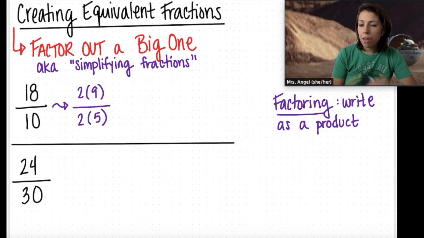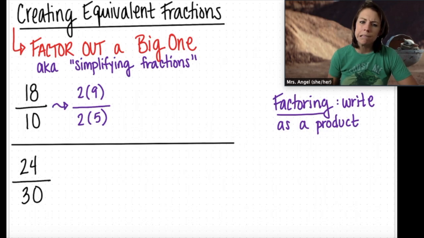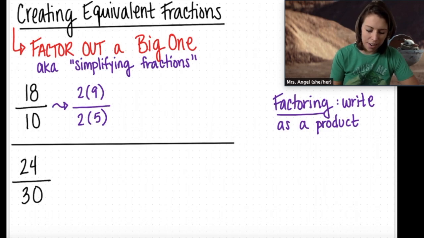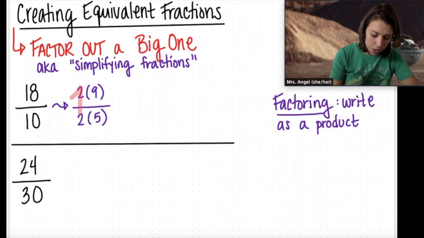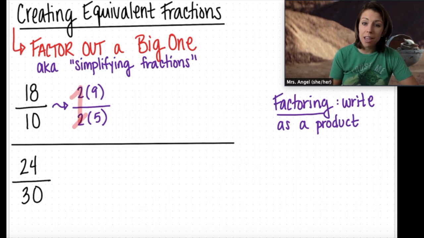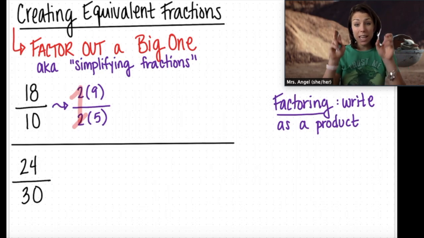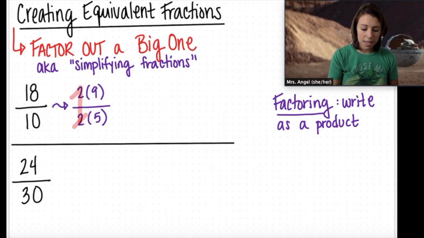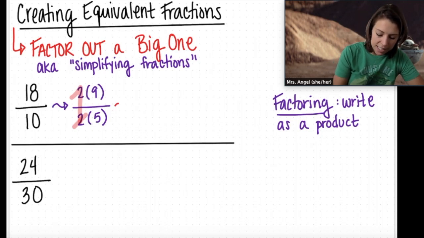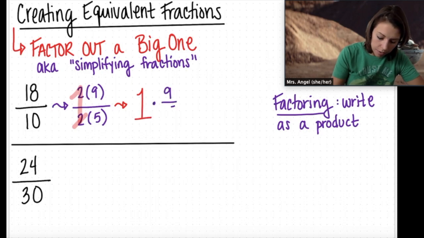So now that we have factored, there's something that I notice here. Do you see it? I see a big 1. 2 over 2, or 2/2, is actually a big 1, which means we can simplify that big 1. So really, what our new expression is, it's just 1 times 9/5.